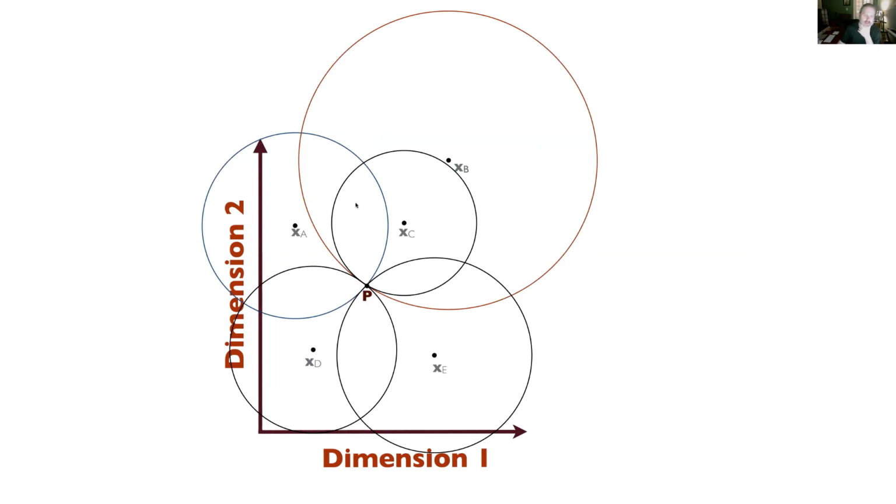And it's this lens right here. Everything inside of that lens, A and B prefer strictly to the proposal. So there's lots of things that they would both like better than P.